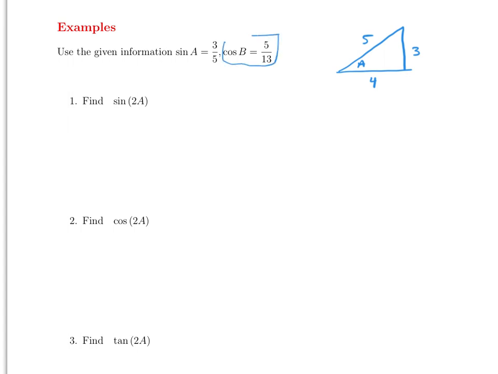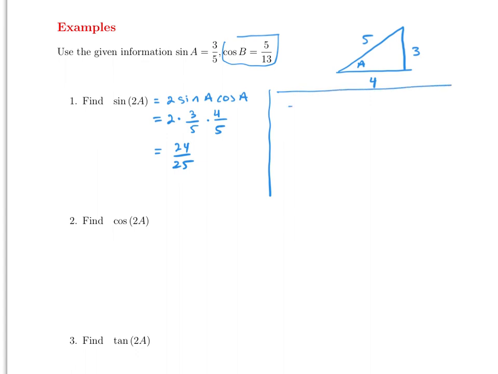Remember the formula for sine 2A is 2 sine A cosine A. So therefore it will be 2 times 3/5 times 4/5. This will give you 24/25, and that's it.